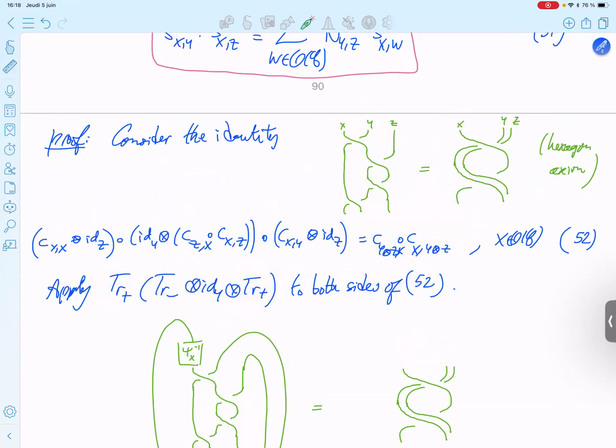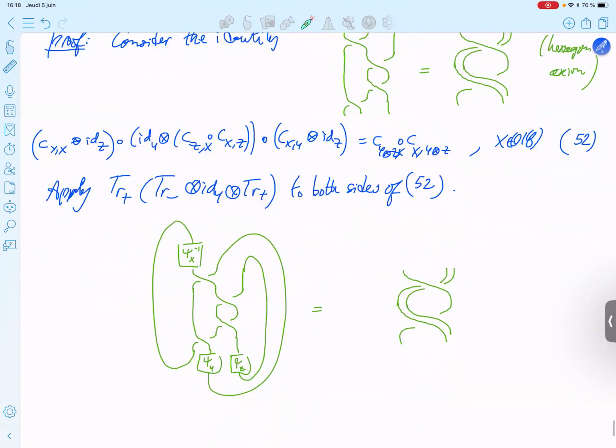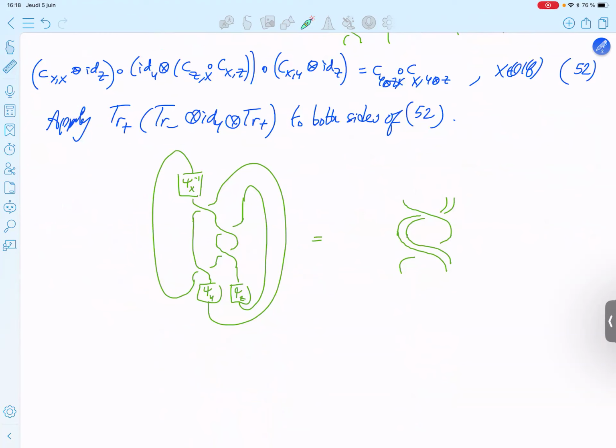So, okay. Now if you apply the same on the right-hand side, you get phi Y, phi Z. So remember, it's not monoidal, so you cannot put them together in the same. You have to write it this way.